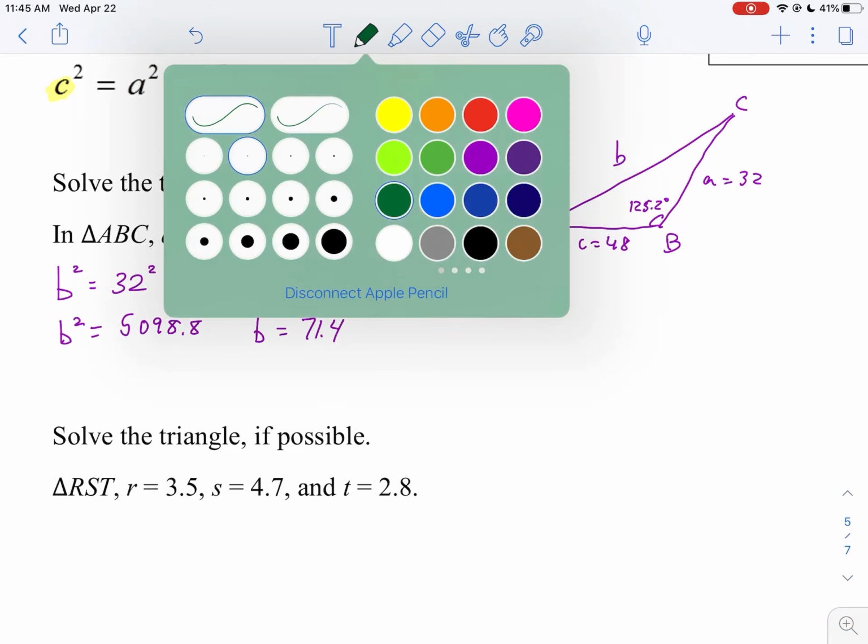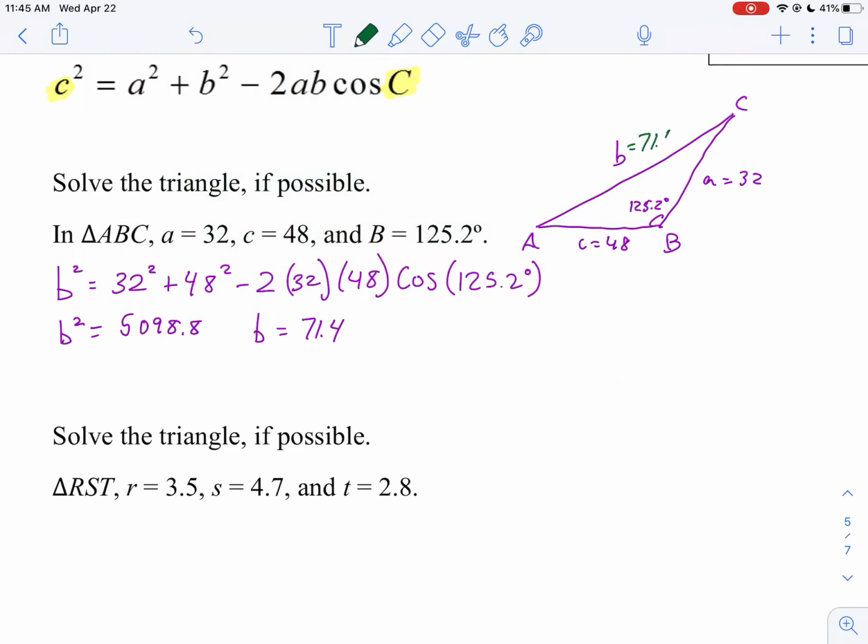So we now know, maybe I'll write that in a different color, that B is 71.4. And now we need to find the angle A and angle C. Any thoughts on how to do that? Maybe you said use the law of cosines again. And you're right, we could use the law of cosines again. However, you could use the law of sines here.